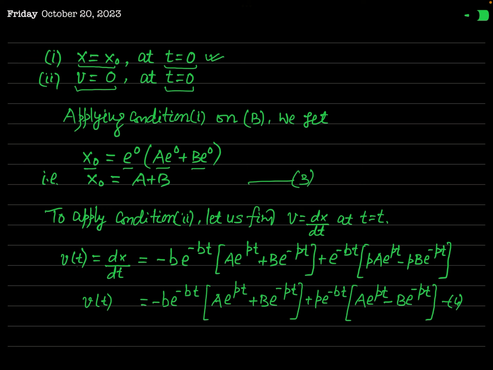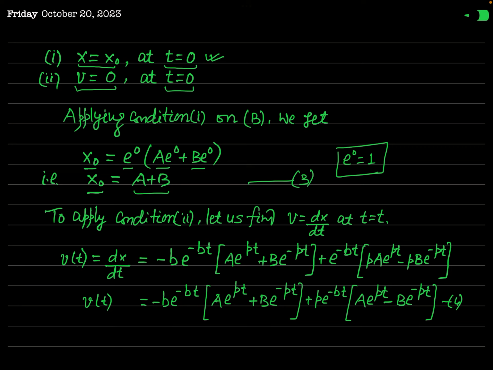And so you can write x naught equal to a plus b, because e to the power 0 is equal to 1. So our first boundary condition, when applied on our resulting equation, has provided this result: x naught equal to a plus b.